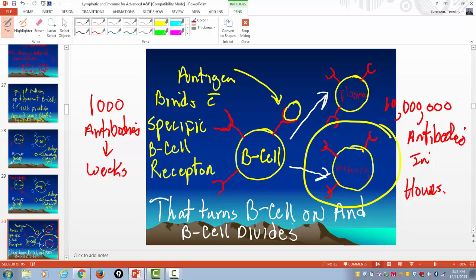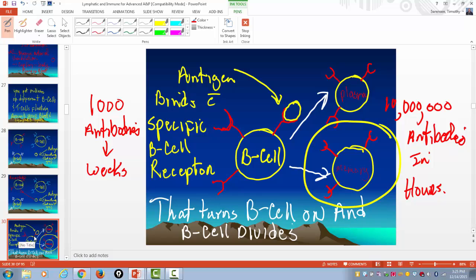So on your second exposure, you get this really huge immune response and this huge rapid production of antibodies. And that's a good thing because your immune system has learned. But in anaphylaxis, that's not necessarily a good thing.